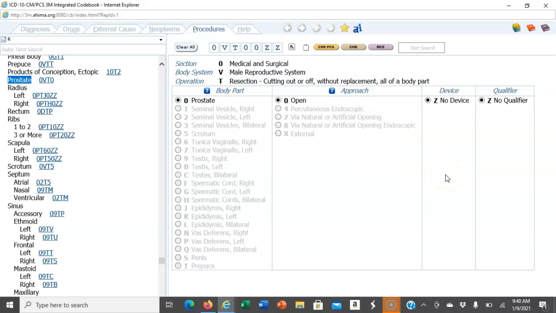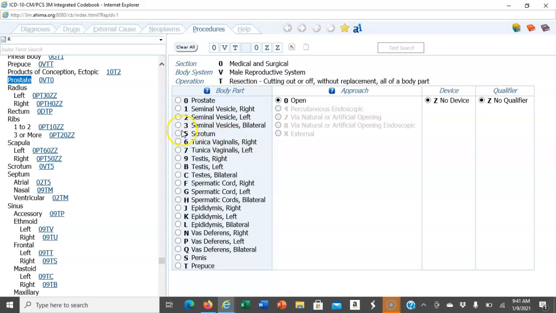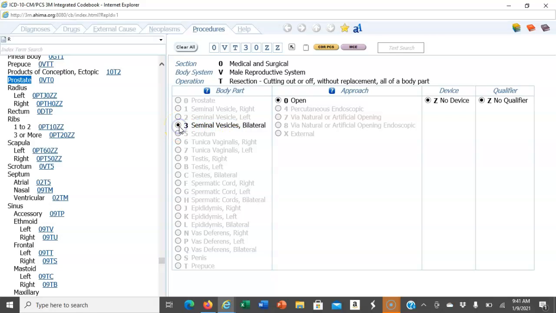In addition to removing the prostate, they also removed the bilateral seminal vesicles, and they removed lymph nodes in that pelvic region. In this same table, we can see seminal vesicles bilateral, and it's open with no device and no qualifier.